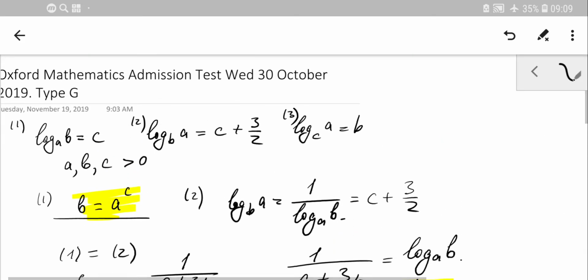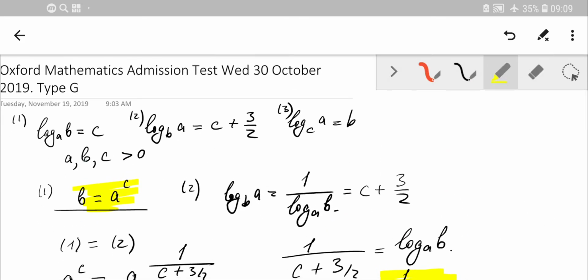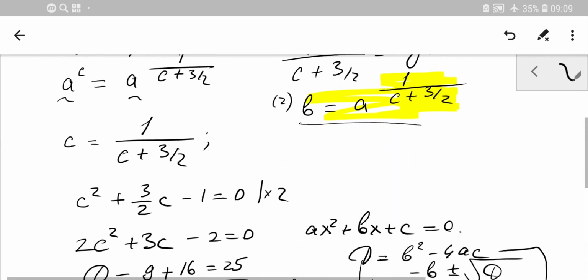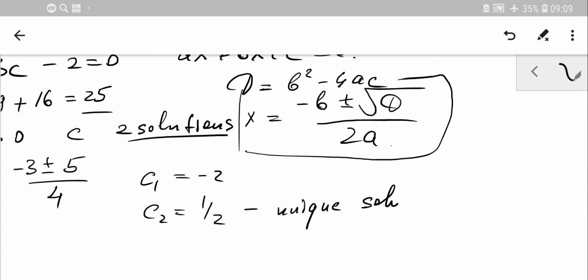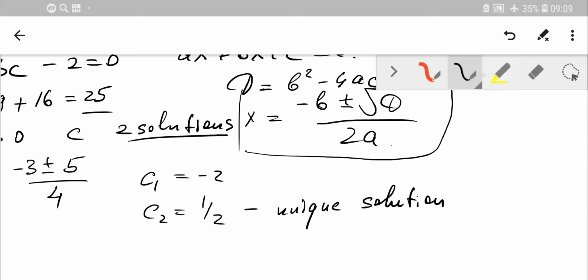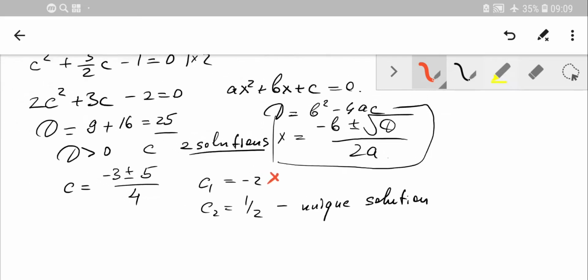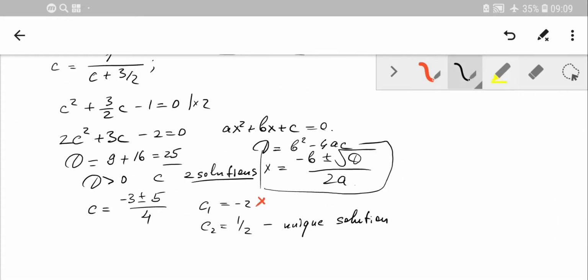Taking into account that A, B, and C are positive numbers, we can figure out that C has only a unique solution. So we can say that the negative one doesn't work, and C equals 1 over 2.